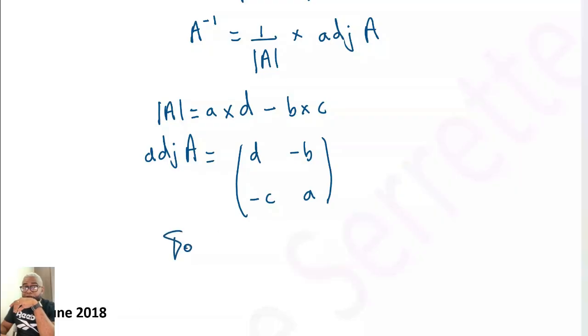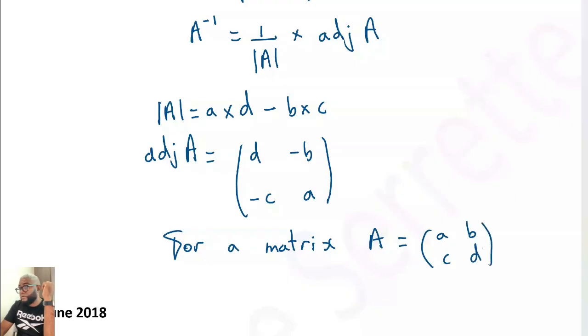And all this is for a matrix A, which is equal to A, B, C, D. So this is for if you have a matrix like this.